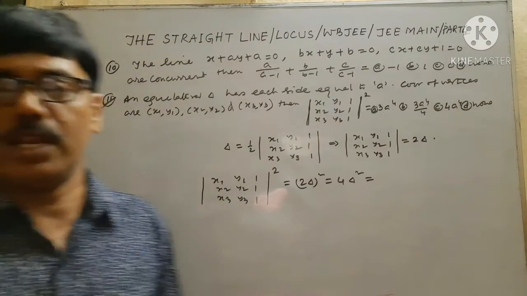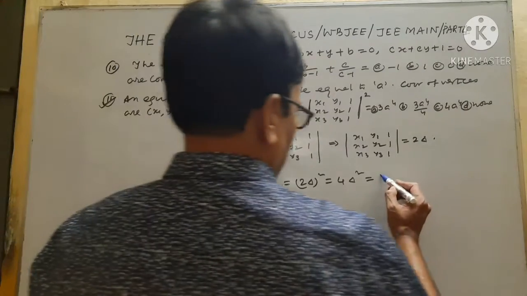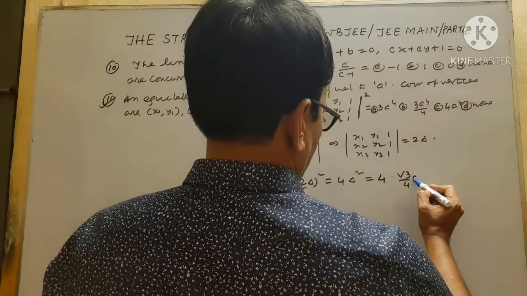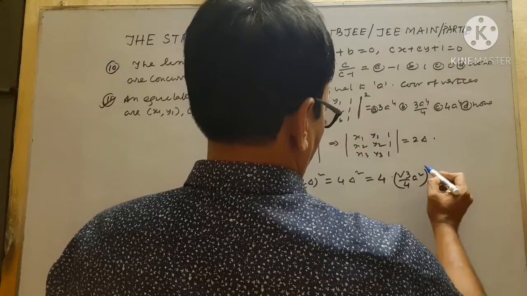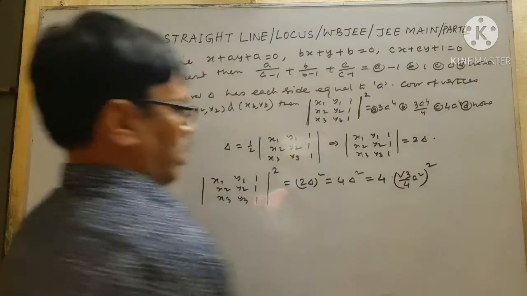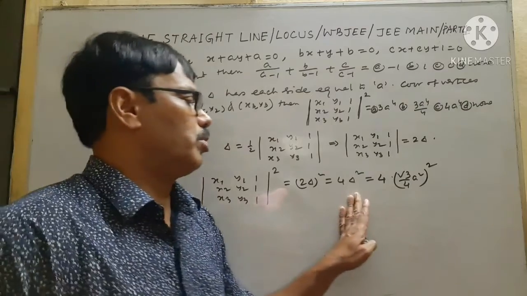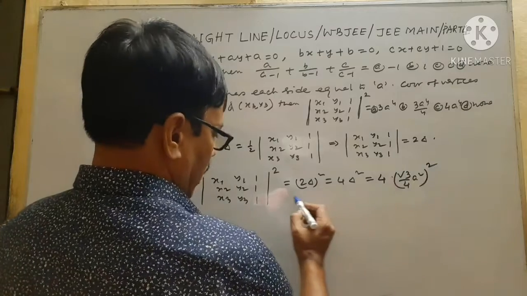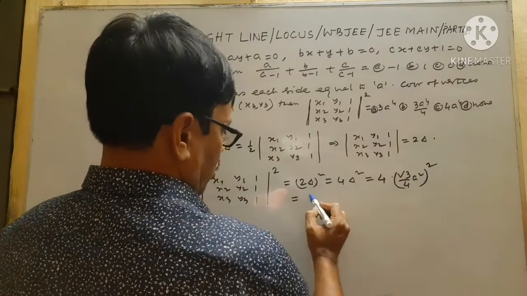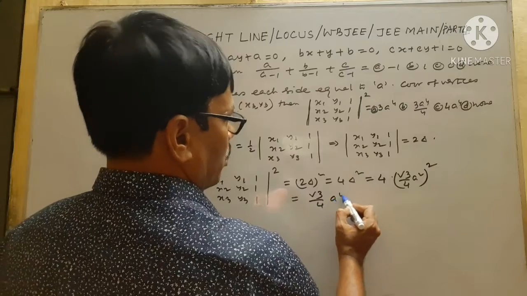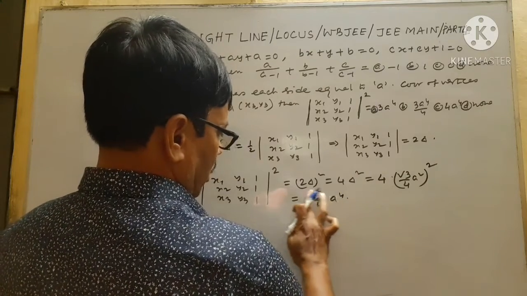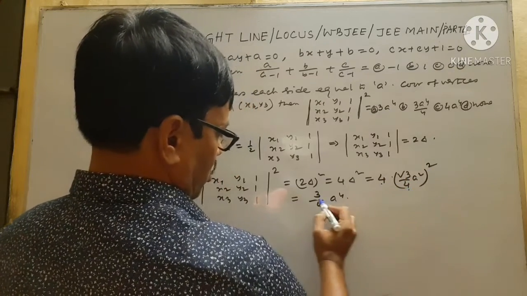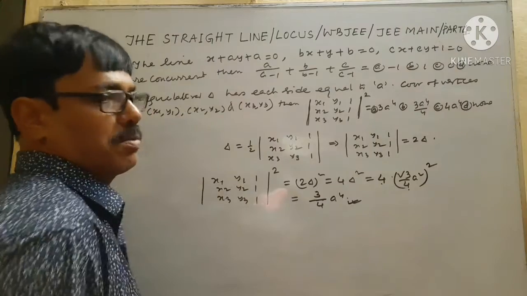And we know the area of an equilateral triangle is root 3 by 4 into a square. So 4 into delta square, this is the formula for the area of an equilateral triangle. So this is 16 times root 3 by 4, a to the power 4. Root 3 whole square is 3, and 16 divided by 4 is 4, so the answer is 3a to the power 4.